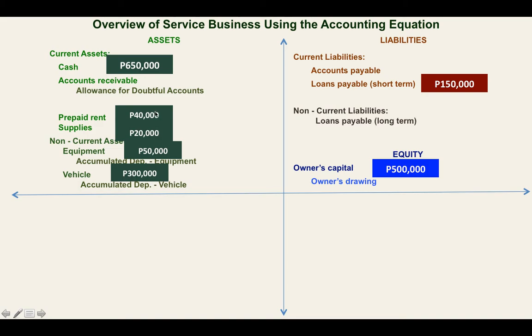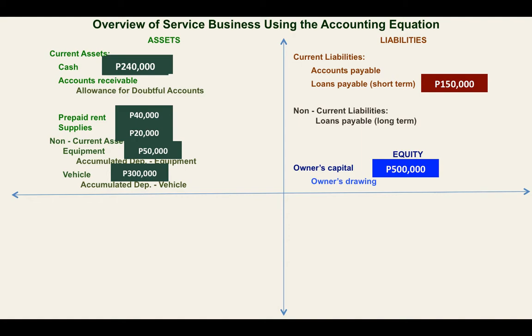So now these are the resources that you think you would need in the business, and then of course your cash will be reduced to 240,000 because of the purchases or the procurement of the things that you will be needing for the business.